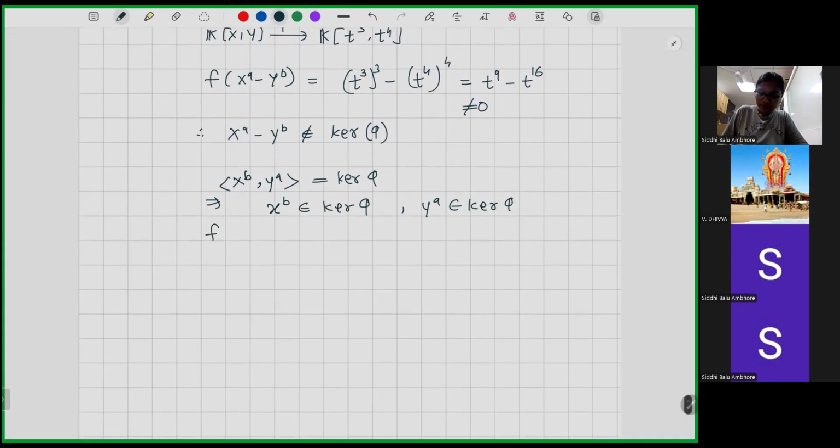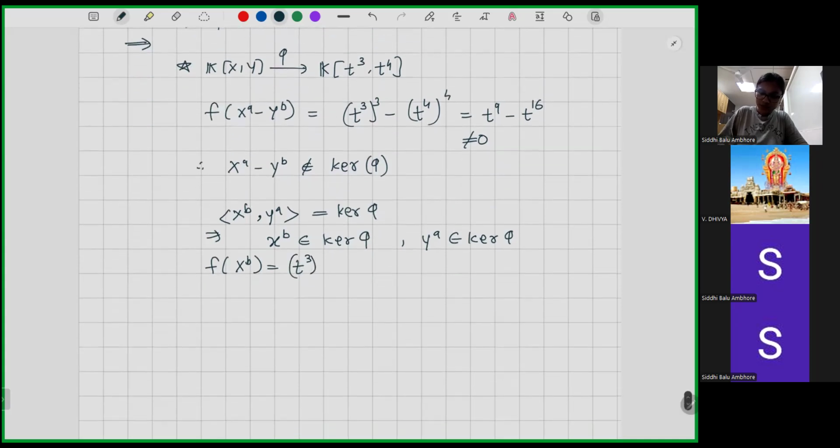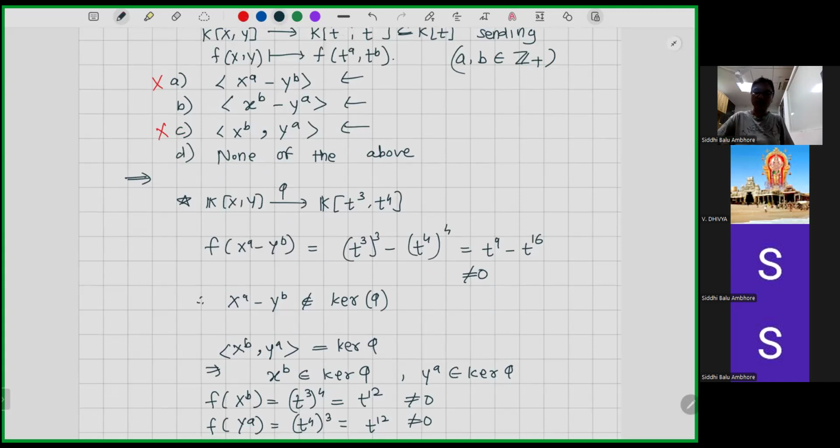But if I take f of x^b, for this particular phi map, it is t cubed to the power 4, which is t^12, and this is not 0. And similarly f of y^a, which is t^4 to the power 3, is again t^12, which is again not 0. So C is also not the option. I hope you understand why this is not the case. None of the individual pure powers here are giving us 0.